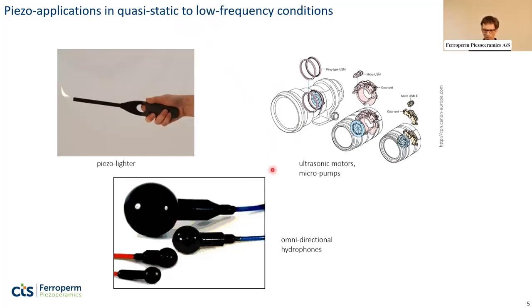Another example is the hydrophones, and these hydrophones are omnidirectional and therefore have a spherical shape. Also in the low frequency range, you can see some examples of ultrasonic motors, like these small motors inside a camera lens.